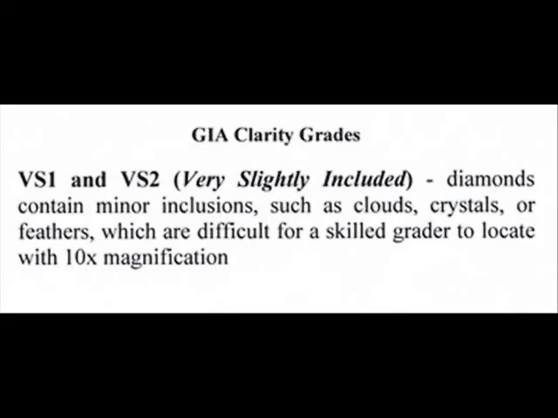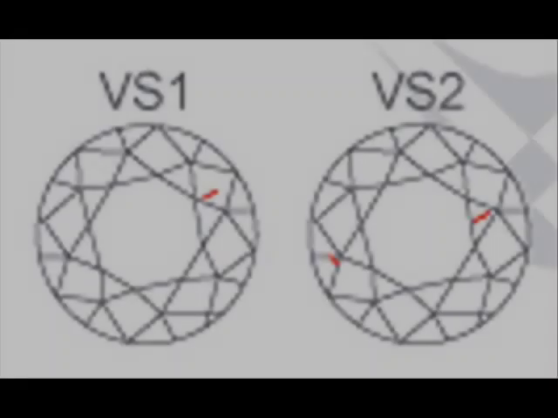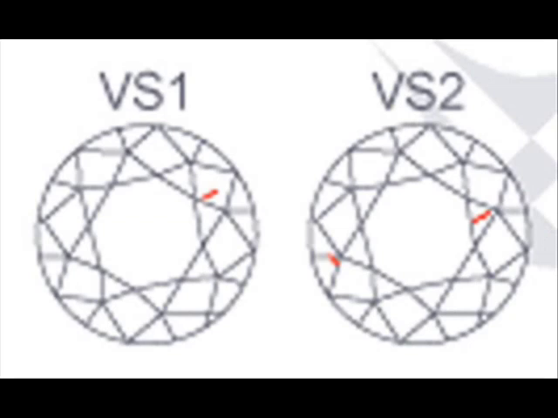The very slightly included clarity grades consisting of VS1 and VS2 describe diamonds which contain minor inclusions such as clouds, crystals, or feathers which are difficult for a skilled grader to locate with 10 power magnification. The difference between VS1 and VS2 is a matter of degree, with VS2 being a little less difficult for a skilled grader to see under magnification.